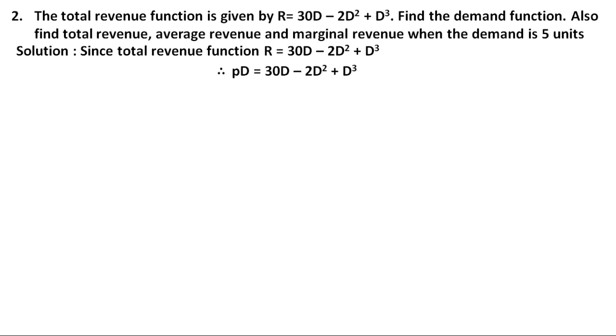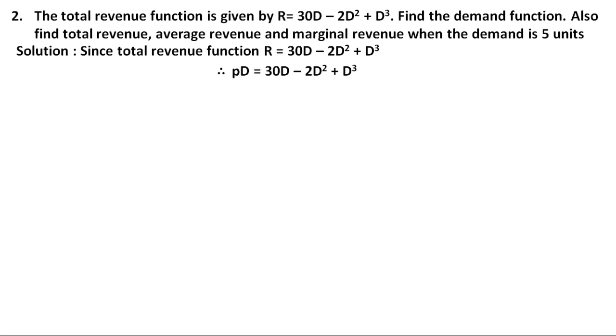Now, P into D, that D on the right side should be divided. Take D common in the numerator, that is 30D, 2D square and D raised to 3. Therefore, D is common, and the D on the left side is gone.